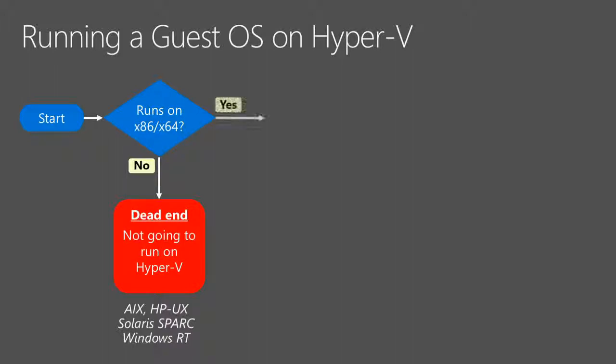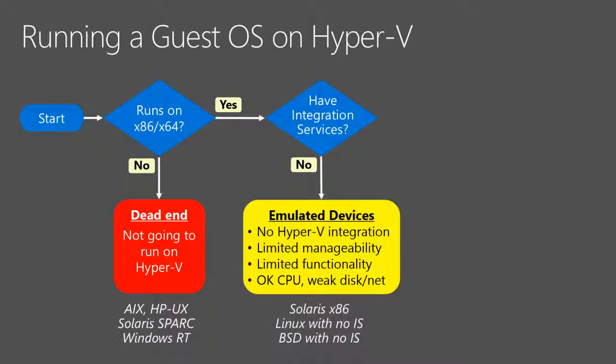The next question is, do I have integration services for that operating system? If I don't have integration services, then I'm going to be running on what we call the emulated devices. Hyper-V actually does a good job of emulating real physical hardware, particularly the NIC and the storage controllers. But if I don't have the integration services, then I'm running in this emulated mode, and it's frankly quite a bit slower.